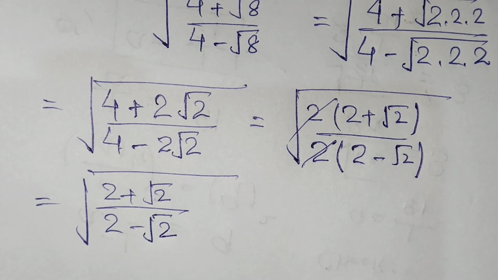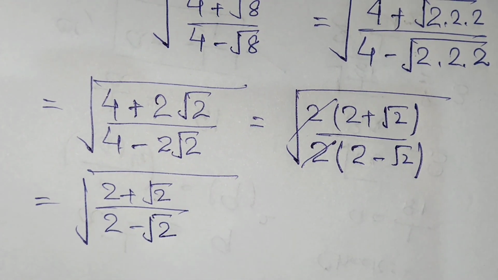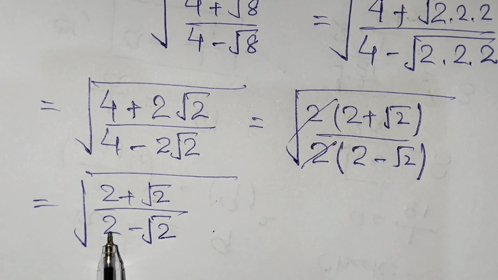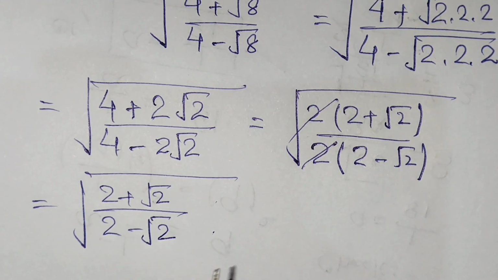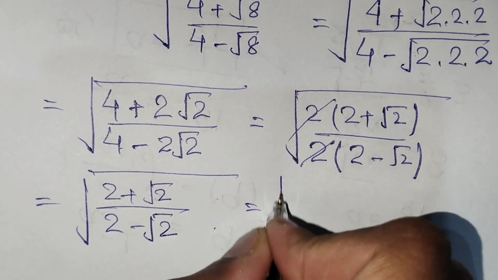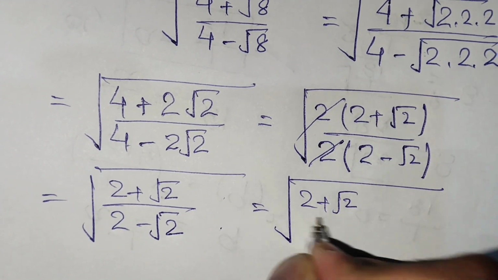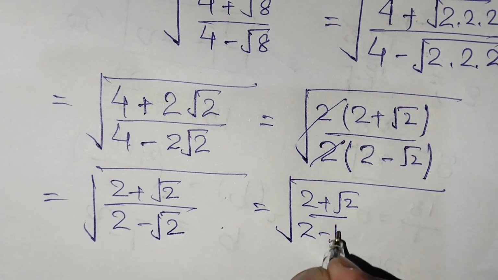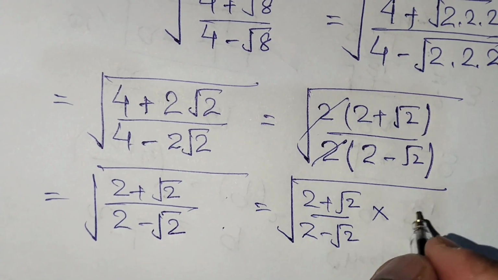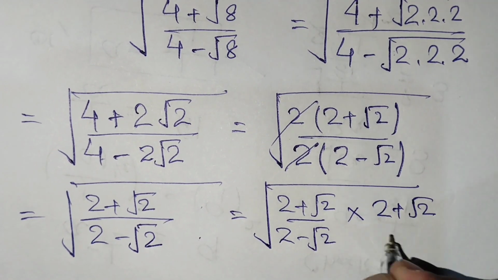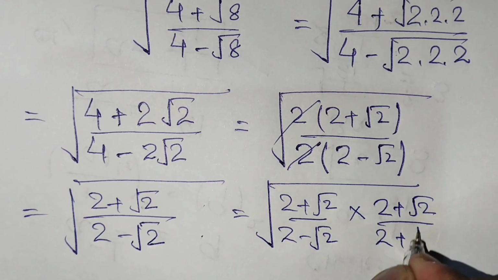To rationalize this, we have to multiply and divide by the conjugate of 2 minus square root of 2, that is, square root of 2 plus square root of 2 divided by 2 minus square root of 2. We will multiply and divide by 2 plus square root of 2 divided by 2 plus square root of 2.